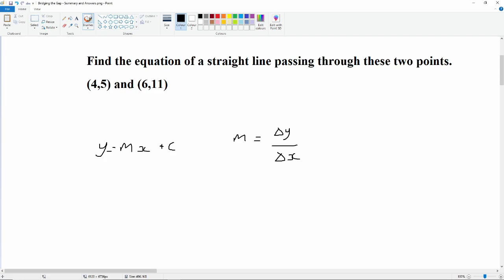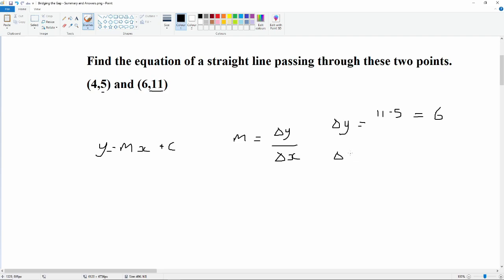Now let's have a look. So delta y is equal to, well, it's going from 5 to 11, so that's 11 minus 5, and that's equal to 6.